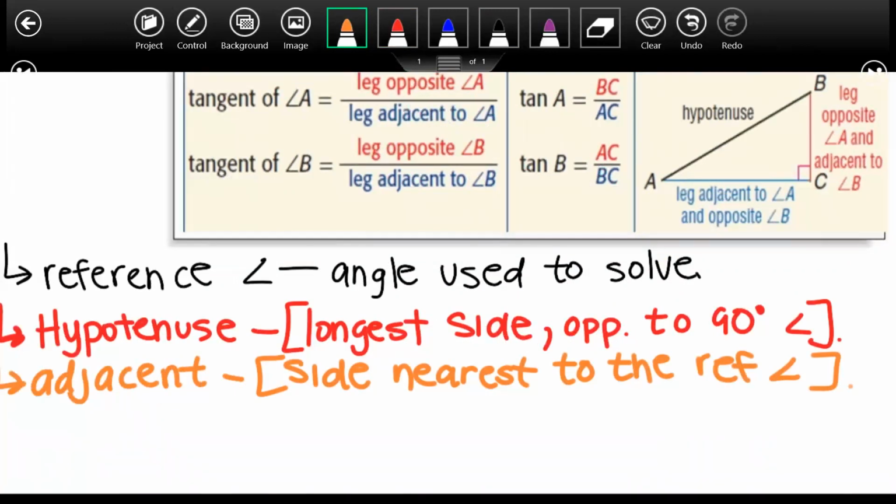Always want to be able to do the hypotenuse first. It's the longest side always. Second thing we're going to look at is the adjacent, which will be the side closest to the angle.